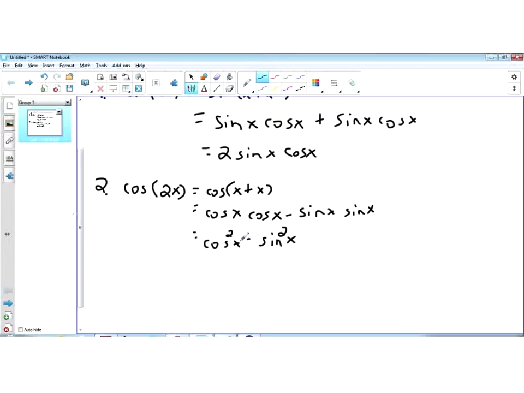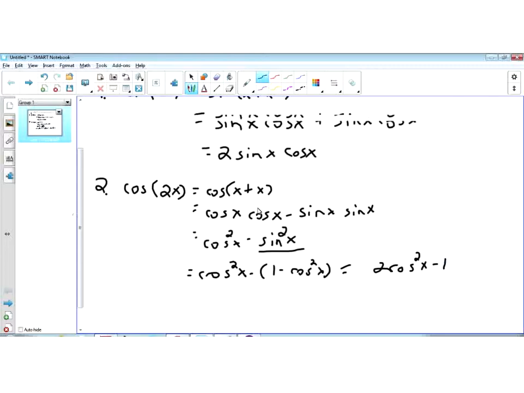Okay, so there's one formula for the cosine of 2x, or the double angle formula for cosine 2x. Of course, we recognize that that term could be replaced by its expression in terms of cosine x. We know that sine squared x from the Pythagorean identities is simply 1 minus cosine squared x. And when we simplify this, this would be 2 cosine squared x minus 1. Okay, so there's another expression.